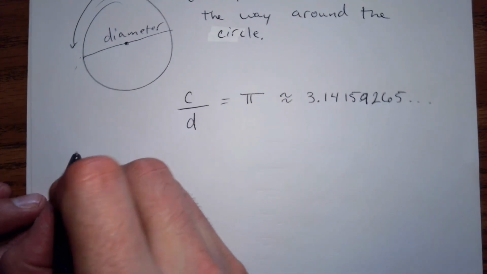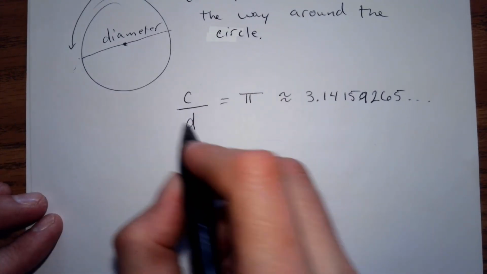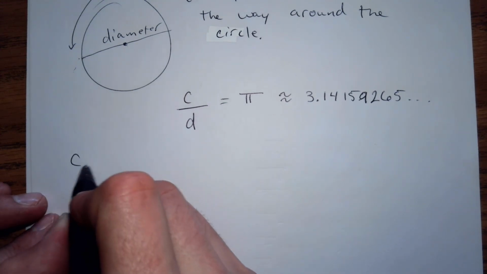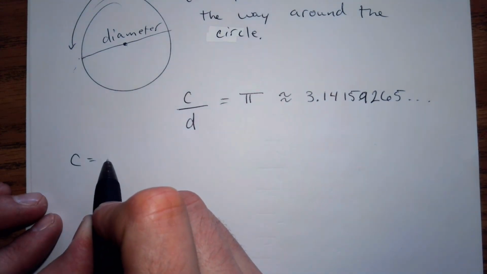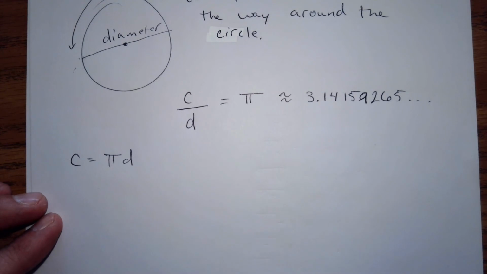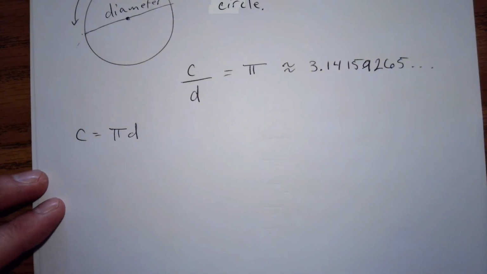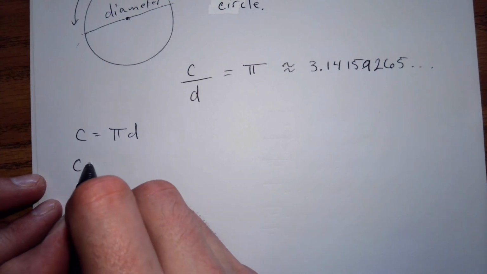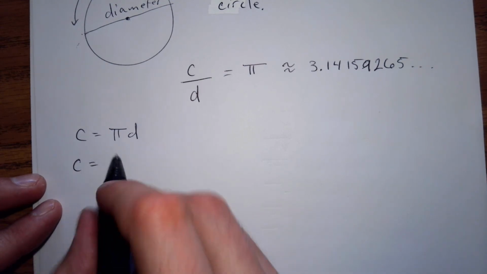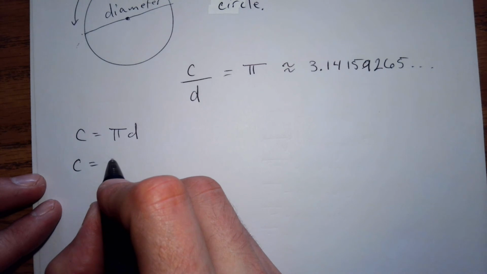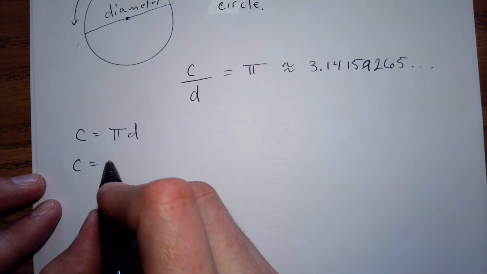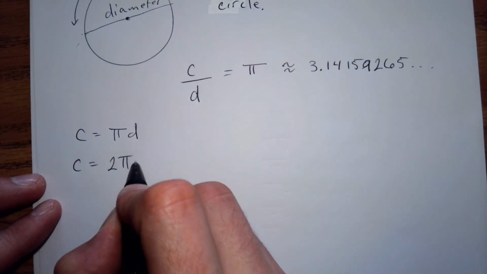That's where we get the formula. If we multiply both sides by d, then circumference gives you pi times diameter, or circumference is, since the diameter is just 2 times the radius, 2 times pi times the radius.